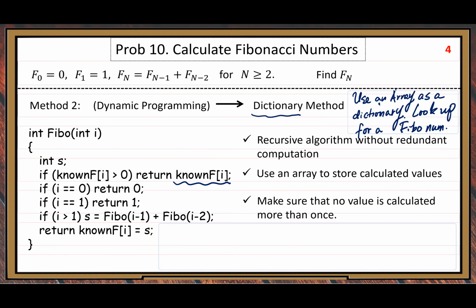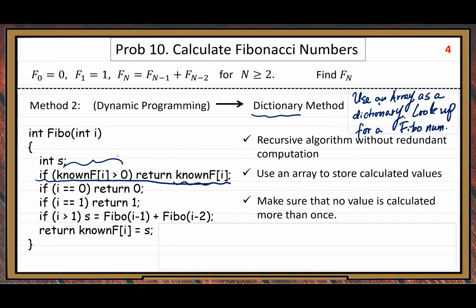Then the checking step: how do you check if a Fibonacci number is known or not? You check the condition: known F of I is greater than 0, because when you do initialization, you initialize all the values in this array to 0.